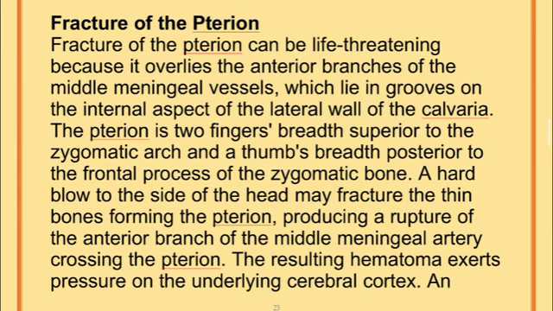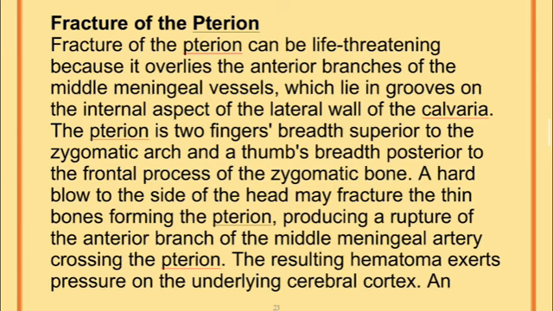So when there's a hard blow to the side of the head, it may fracture the thin bones that form the Pterion. That's the frontal bone, temporal bone, the parietal bone, and the greater wing of the sphenoid. So these bones may be fractured, and there might be a rupture of the anterior branch of the middle meningeal artery that crosses the Pterion.